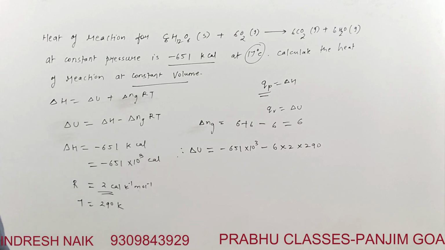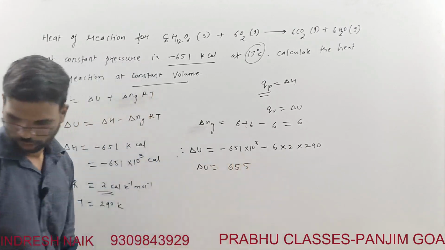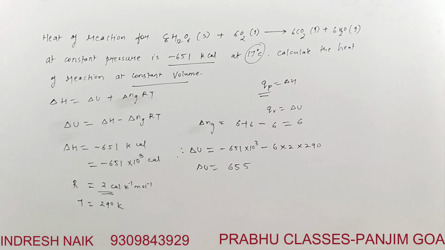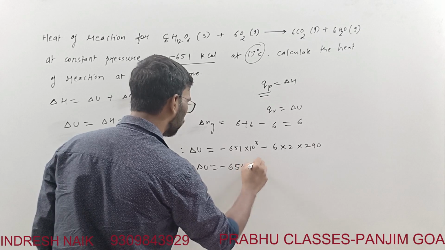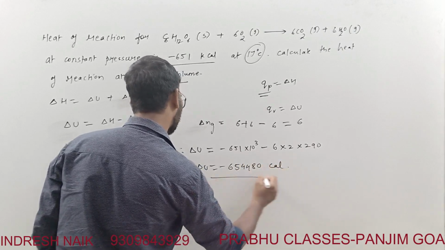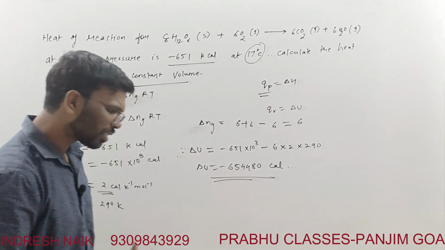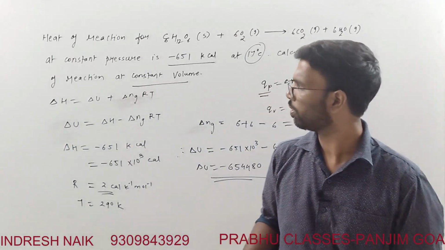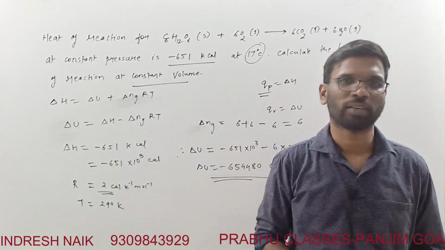When you solve this, your answer will be minus 654480 calories. So basically, these are the concepts which we can understand using these examples.